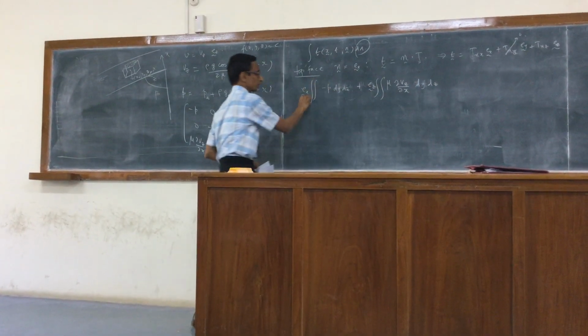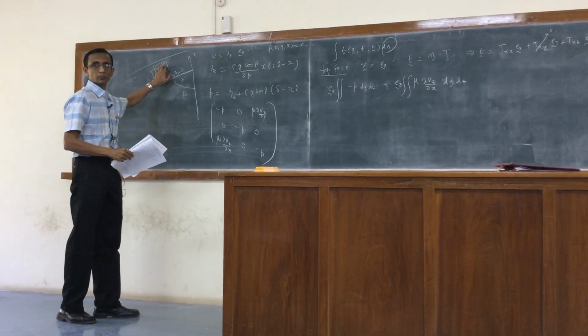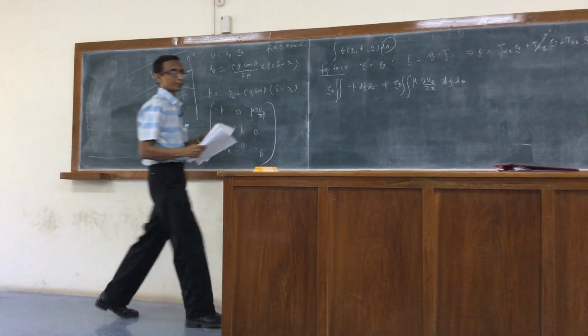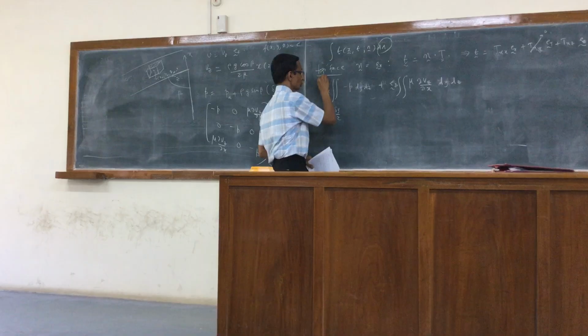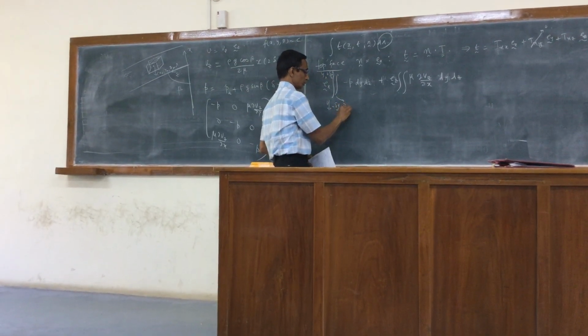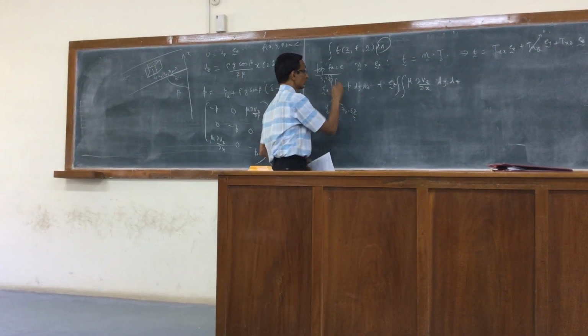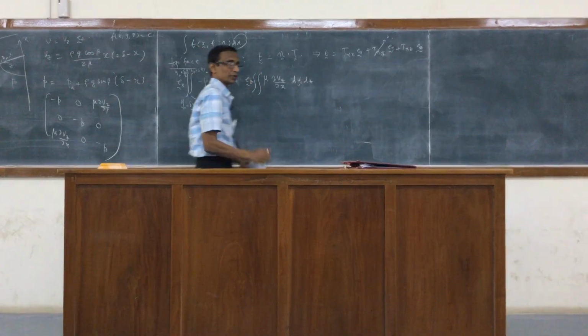So there are actually two integrations, and y varies from y0 minus delta y by 2 to y0 plus delta y by 2. And similarly the same limits hold for z.